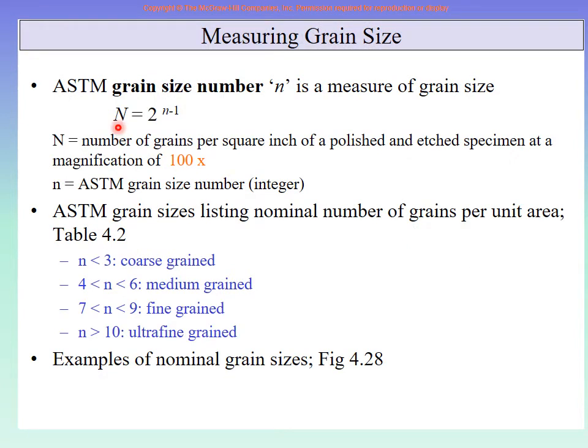Now, we have told you ASTM is the American Society of Testing and Materials. It is the largest organization in the world which publishes standards of how different experiments should be done, right? Tensile test, hardness test, compression test, torsion test, thousands and thousands of different tests. How should they be done?